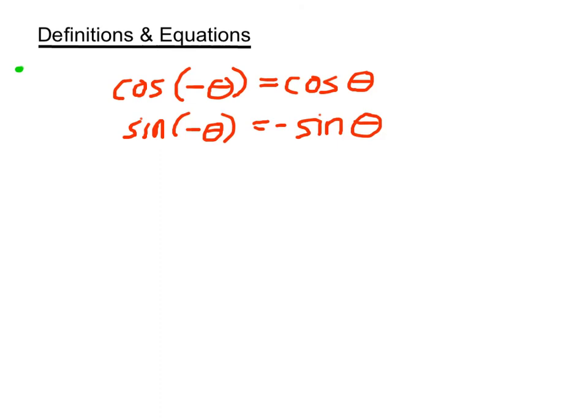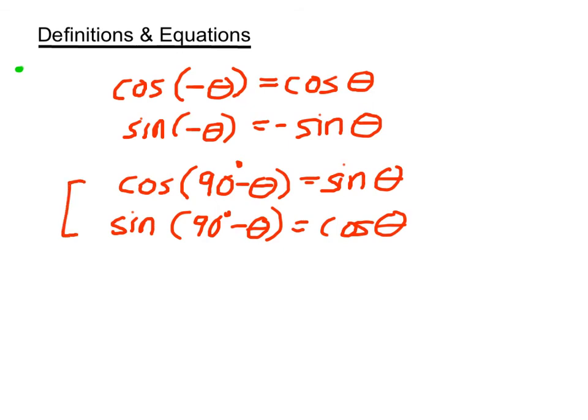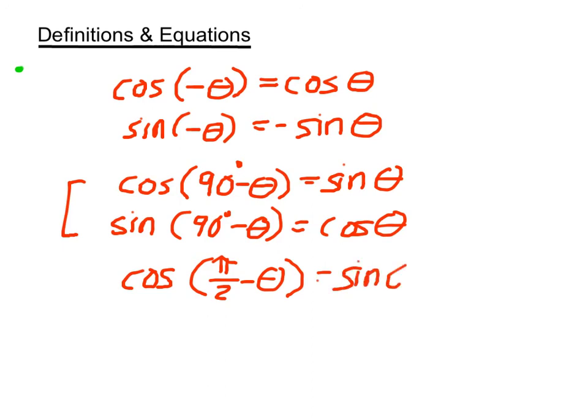From the second unit circle, we found that the cosine of 90 degrees minus theta is equal to sine of theta, and the sine of 90 degrees minus theta equals cosine of theta. And since these two are in degrees, we can rewrite these in radians. Right? So cosine of pi over 2 minus theta is equal to sine theta.